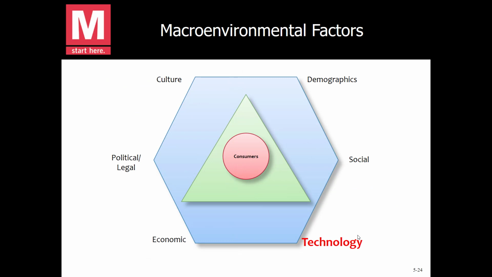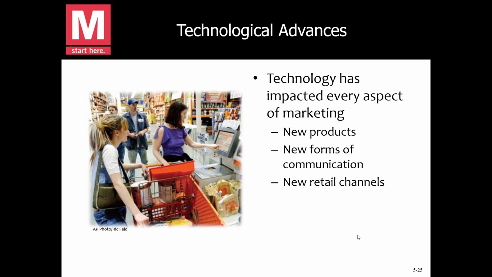The fourth macro environmental factor that affects a firm's ability to serve its consumer is called technology. If you look at technology today, it has impacted every aspect of marketing, whether it be coming up with a new product, a new form of communication, or new retail channels.